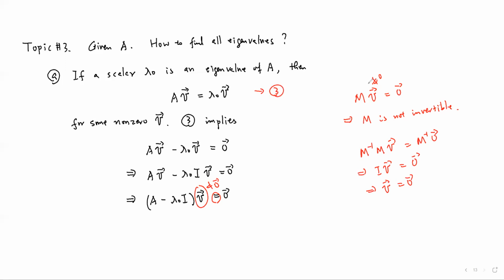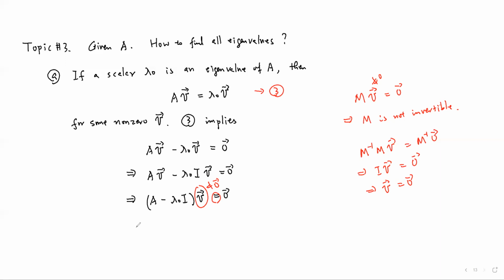If a matrix times a non-zero vector is 0, then M is not invertible. Otherwise, we will get a contradiction. We will imply V, the vector, must be 0. A contradiction.